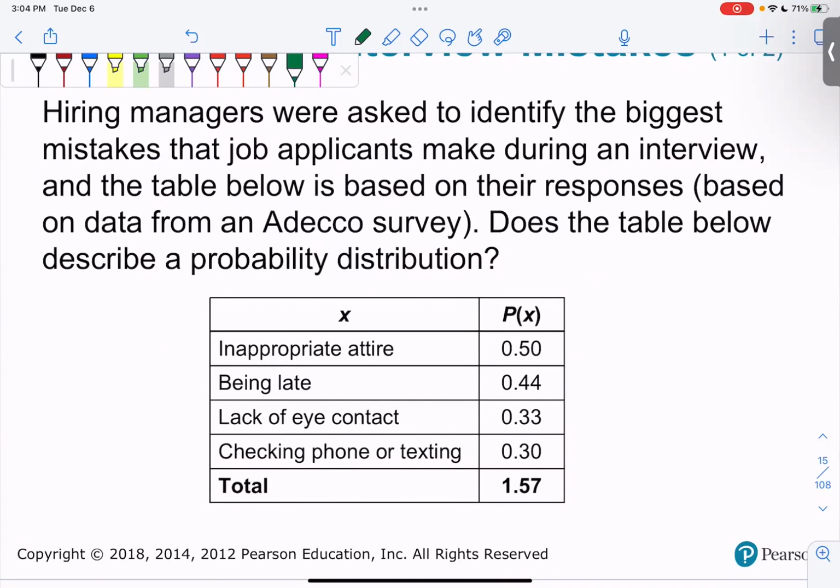So now look at this example. Can you tell me, is this example a probability distribution or not? This one here. Why?